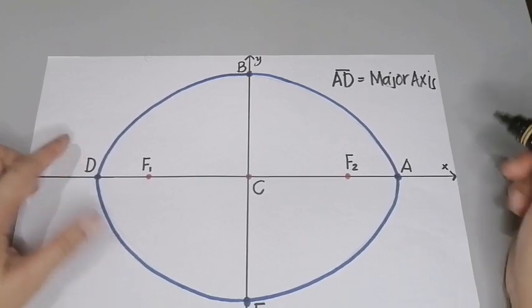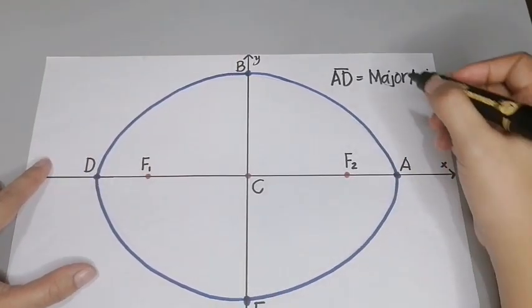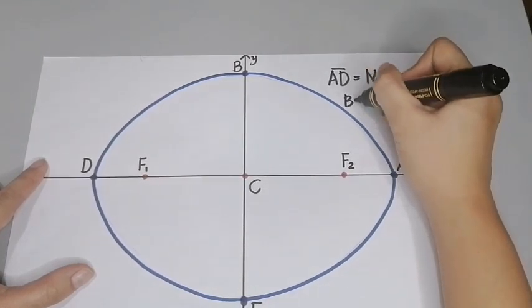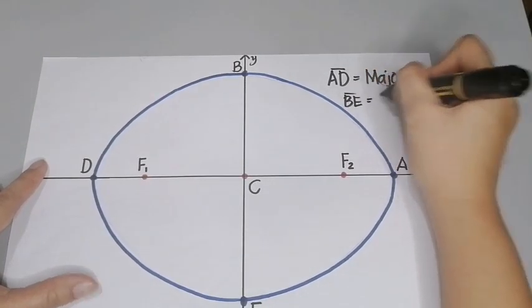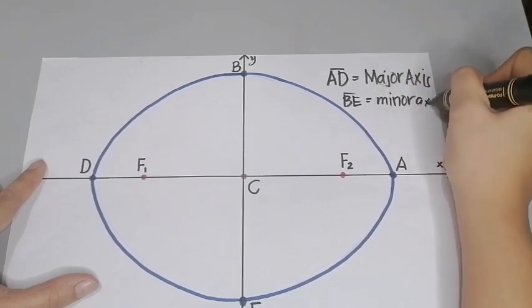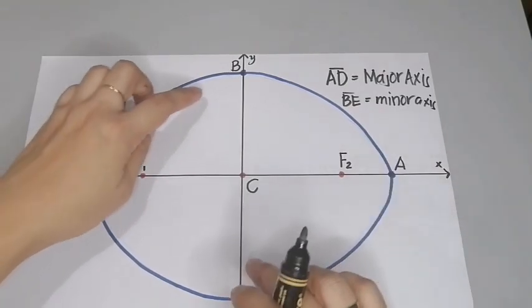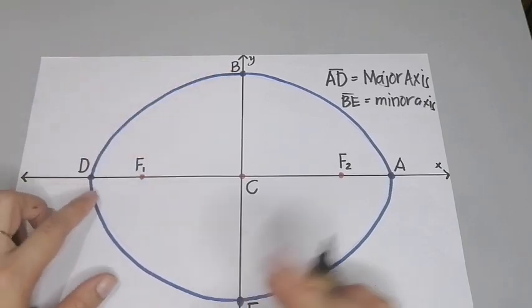The smaller segment BE is called the minor axis. And the endpoints of each axis are the vertices of the ellipse.